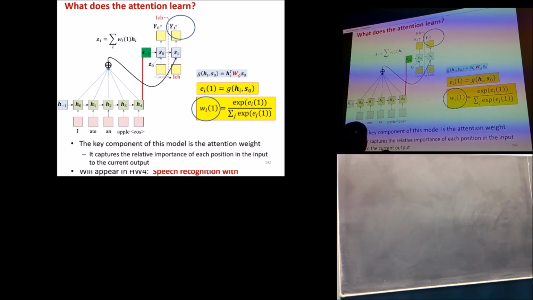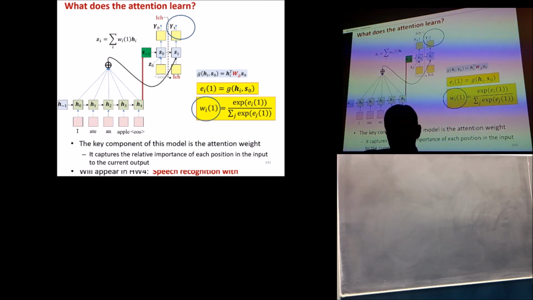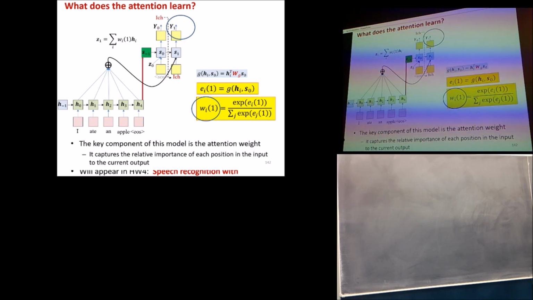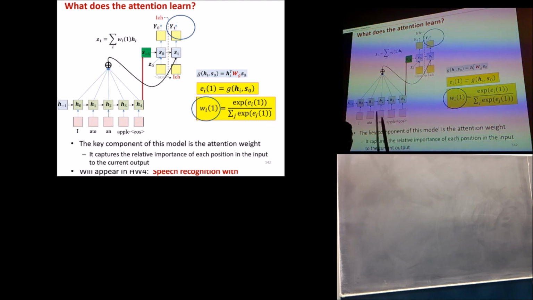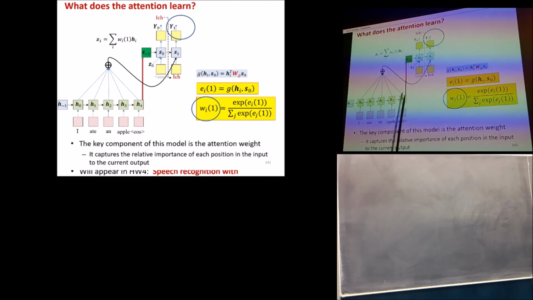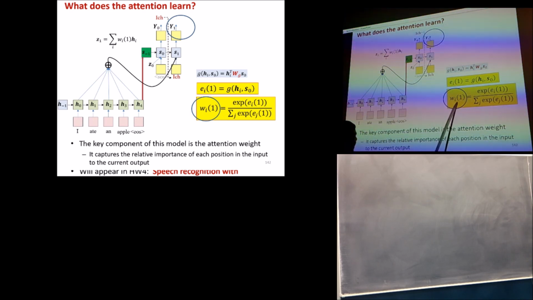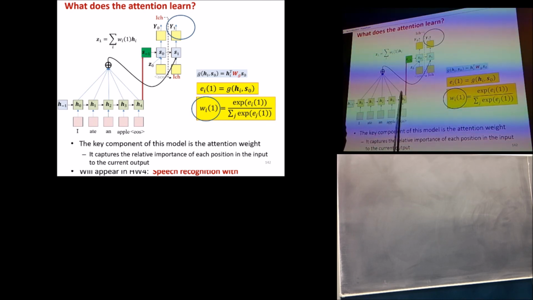Now, there's something very interesting that happens over here. In this process, in order to generate any given word, you're actually looking at a weighted combination of the hidden representations computed over the input. So in order to produce y1, as a first step, a probability distribution was computed over these hidden states, and these weights were used to compute a weighted sum of all of these.